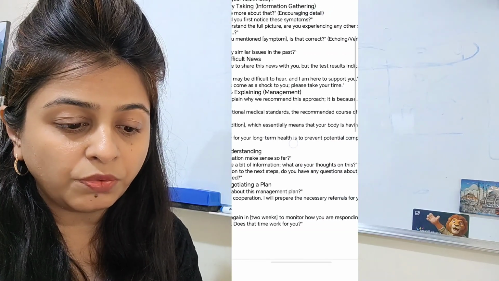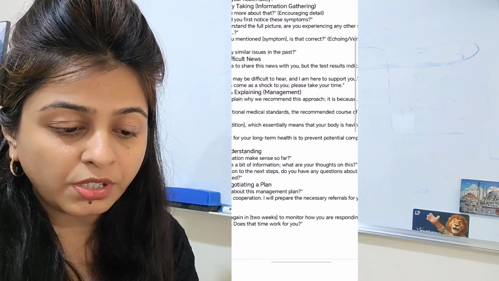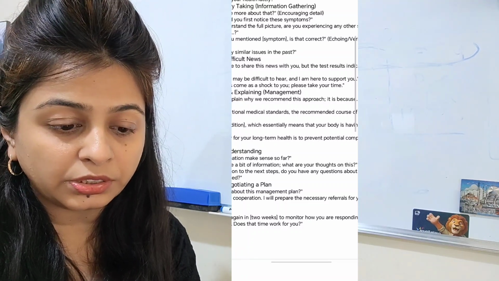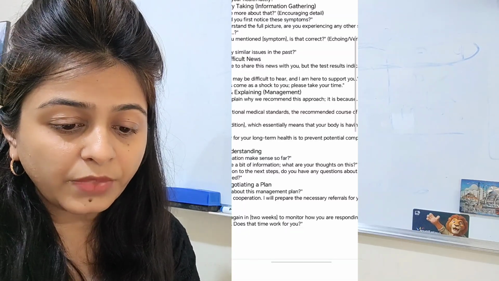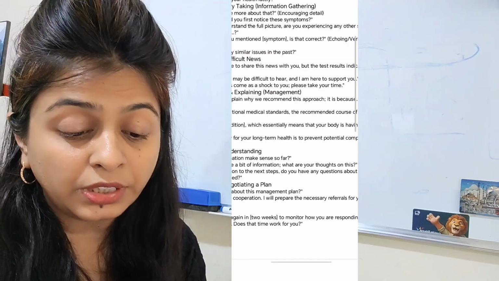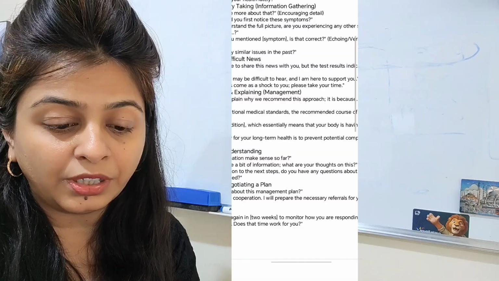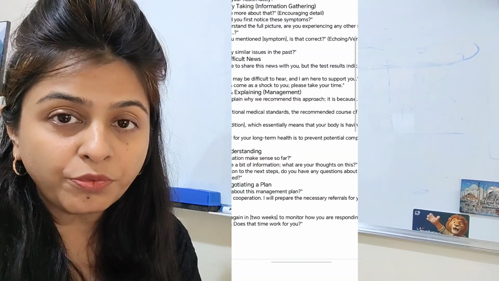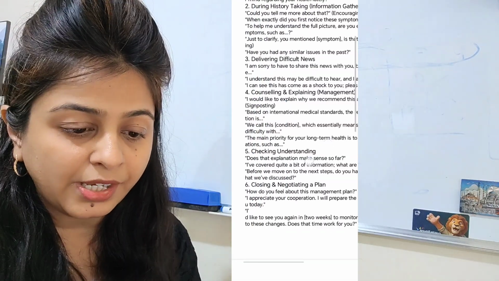So here you can use this line for delivering your bad news, for delivering that particular investigation which you think is not good for them, and it is really difficult, because they may react badly after hearing this news. So you can use this line, you can give the signposting to them by using this line.